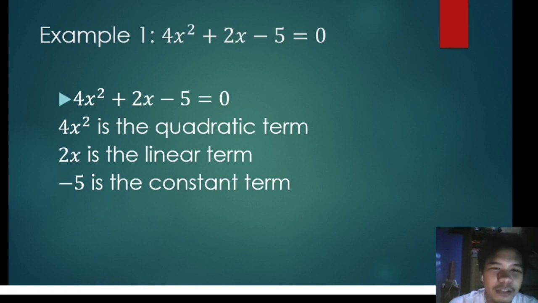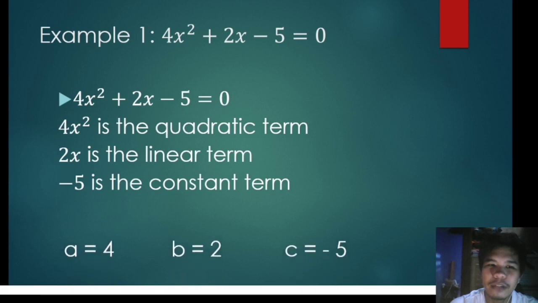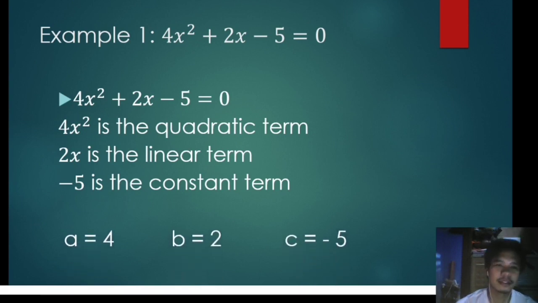So since we already identified the terms, we can also obtain the values of a, b, and c. Respectively, the values of a, b, and c are 4, 2, and negative 5. The value of a, which is positive 4, came from the quadratic term. A is the coefficient of x squared, so that is positive 4.